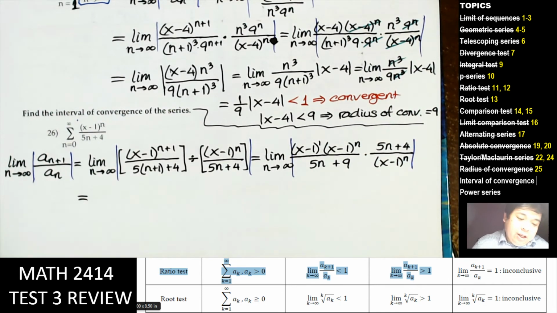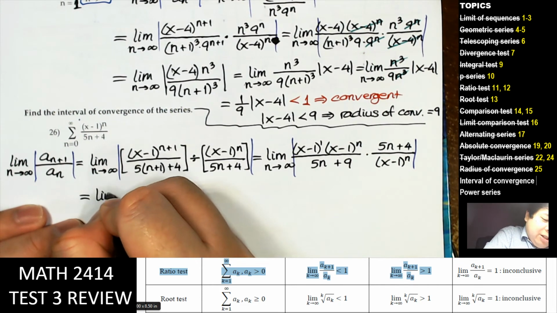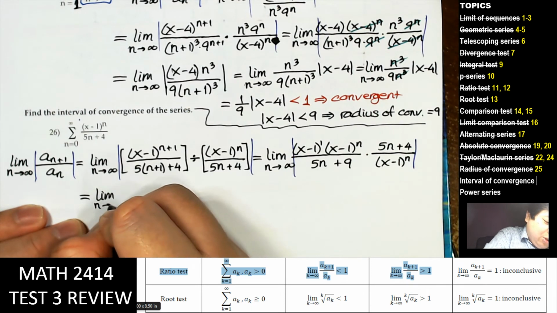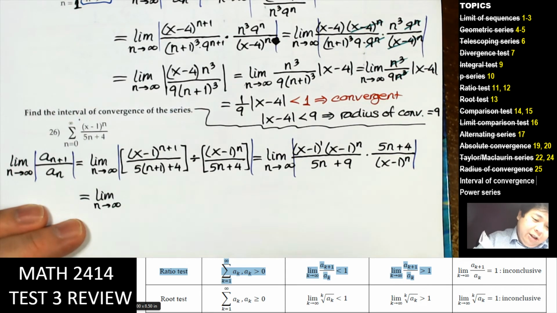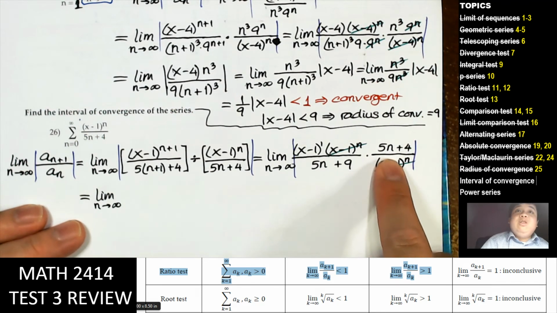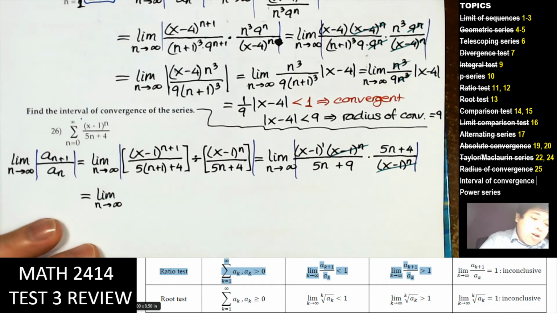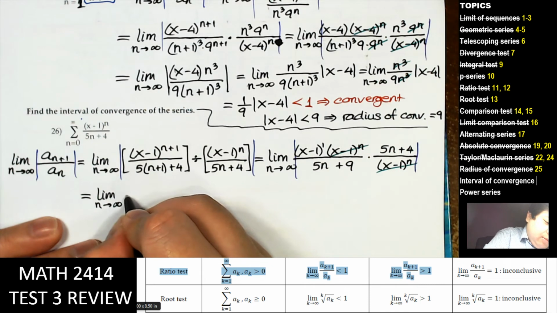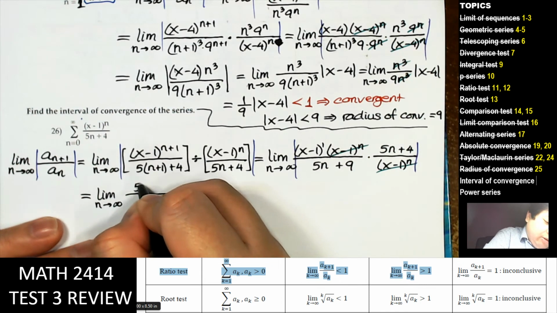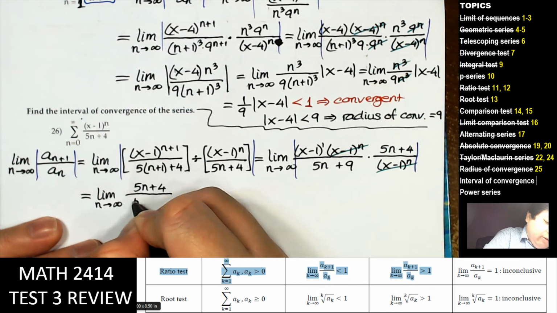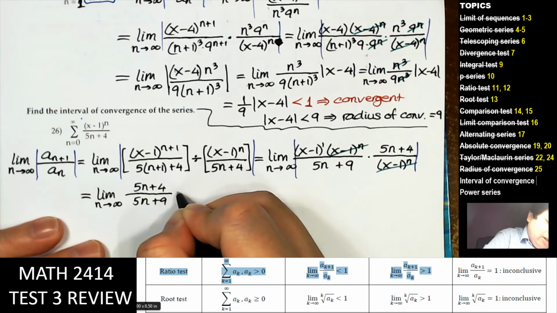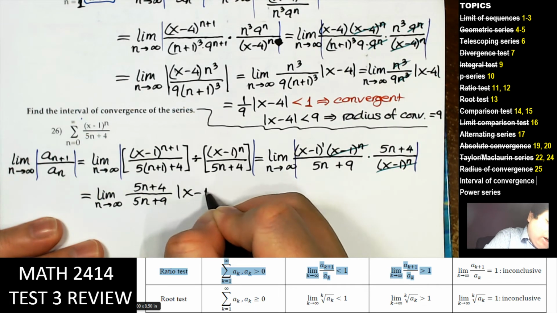Right, so we have the limit as n goes to infinity. Right, that cancels out, and we just have this. Again, the 5n plus 4 is positive, 5n plus 9 is positive. Bring that outside of the absolute values: (5n plus 4) over (5n plus 9), times the absolute value of x minus 1.